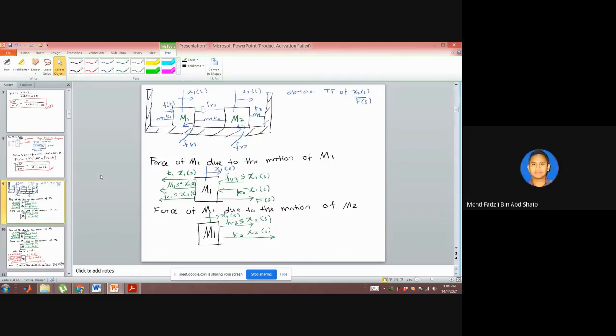Okay. Now we need to find force of M2 due to the motion of M2. Okay.